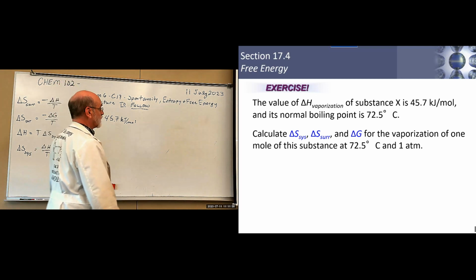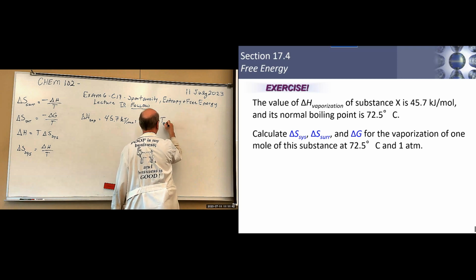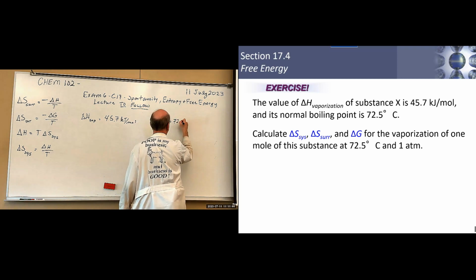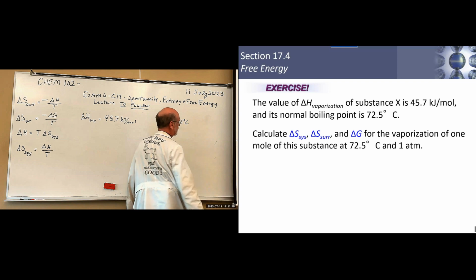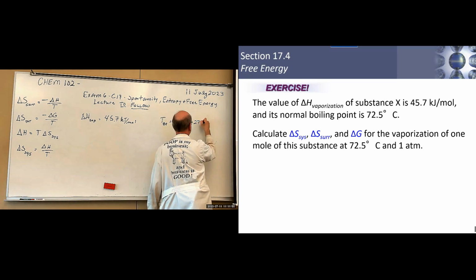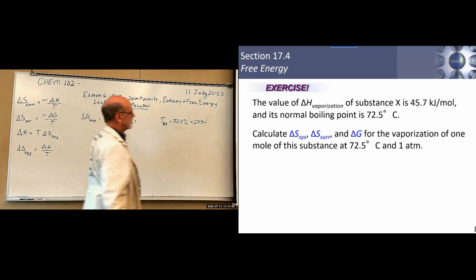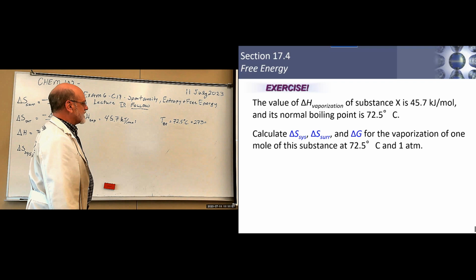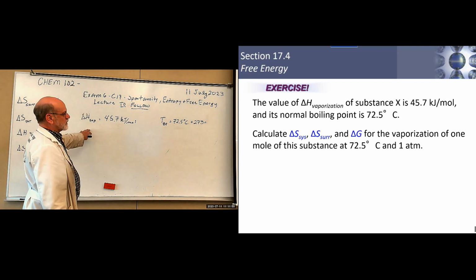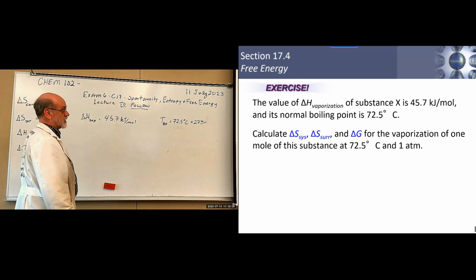And its normal boiling point is 72.5 degrees C. So we're probably going to have to add 273 to that also to find out the K. What's delta S system, delta S surroundings, and delta G for the vaporization of 1 mole of this substance at 72.5 and 1 atmosphere pressure?